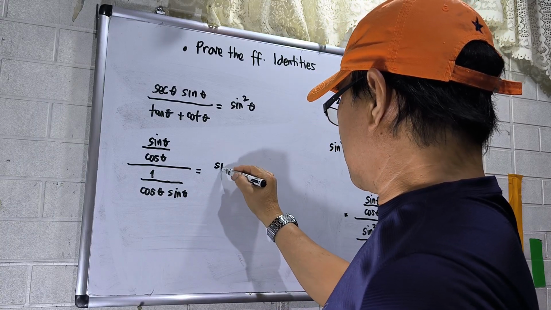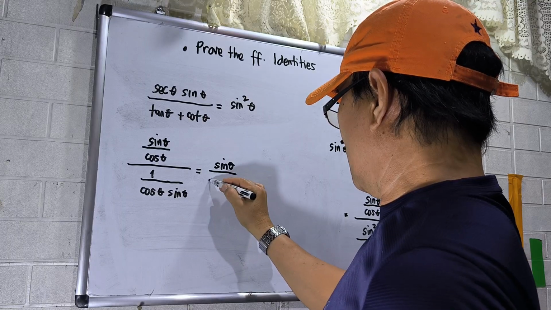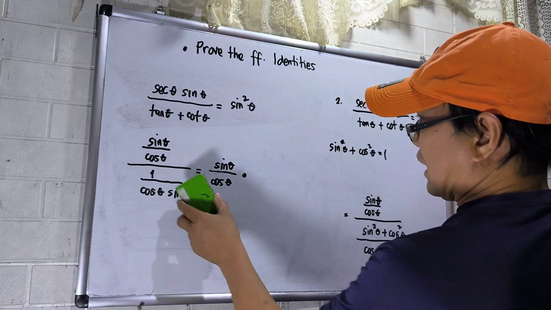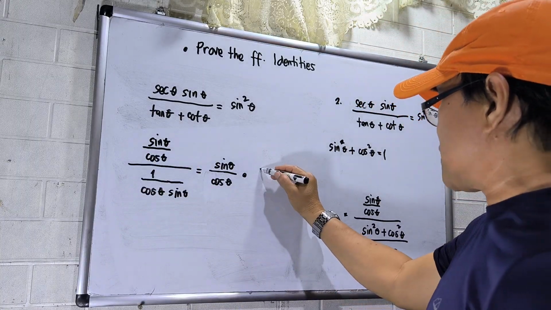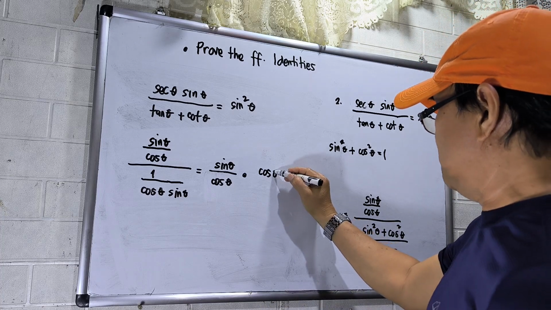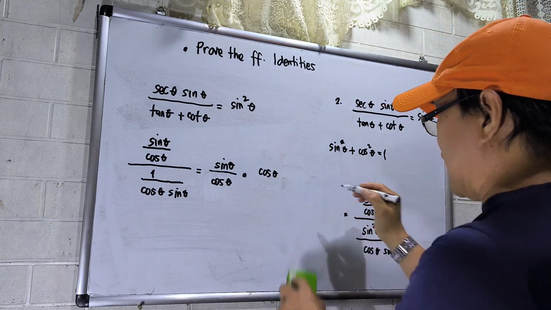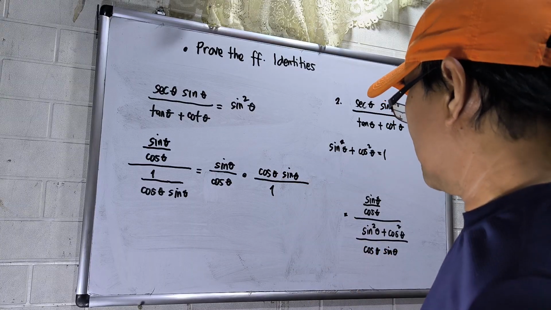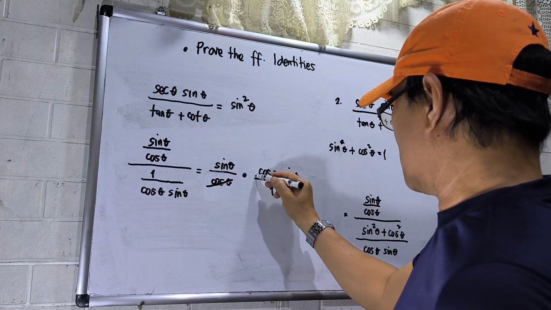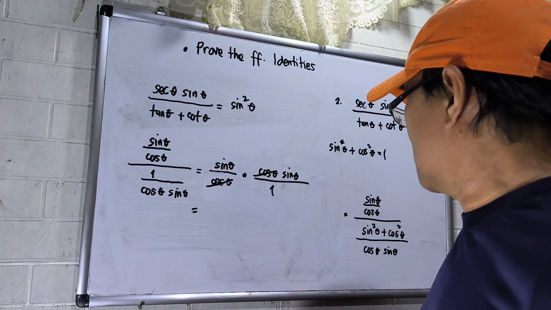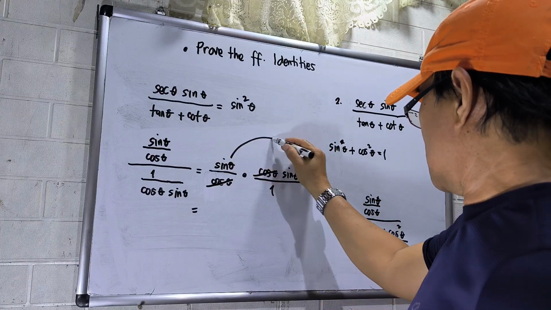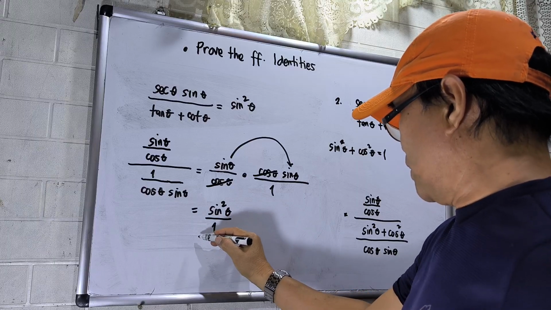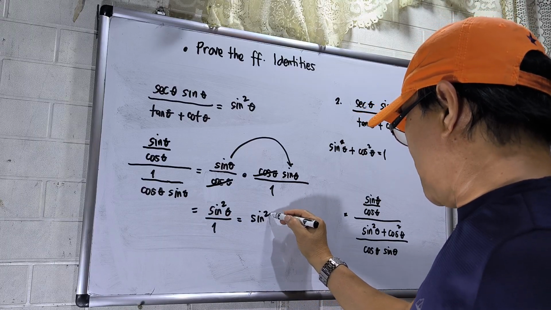So this will be sine theta over cosine theta times, upside down, cosine theta times sine theta over 1. Then this will be crossed out. So I have now sine times sine, that will be sine squared theta over 1, or this will be equal to sine squared theta.